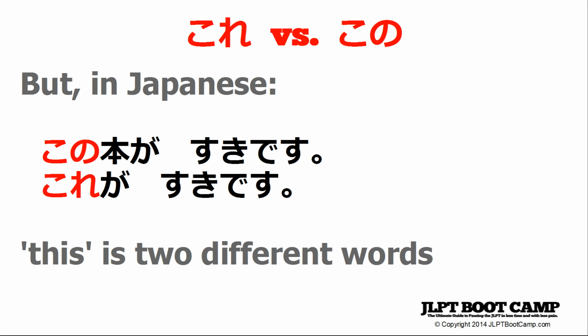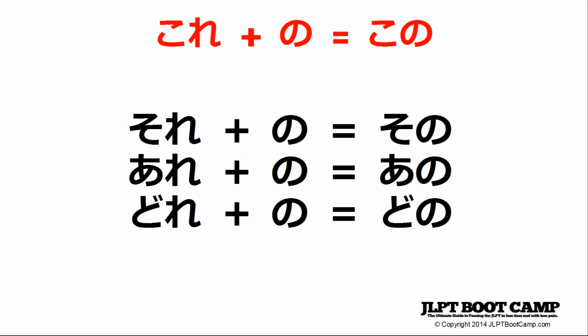Basically, kono, sono, ano, and dono need a noun following them most of the time. Whereas kore, sore, are, and dore can stand alone. They don't need something following them. And one way to think of this is that the no's, the kono, sono, ano, dono, are basically kore plus noun, or sore plus noun, are plus no.